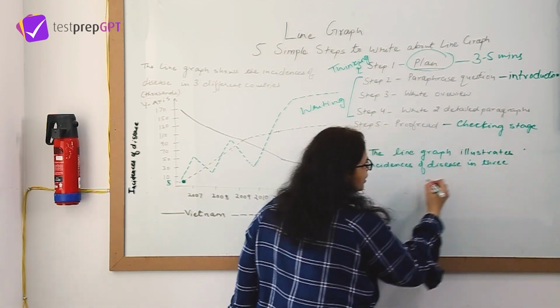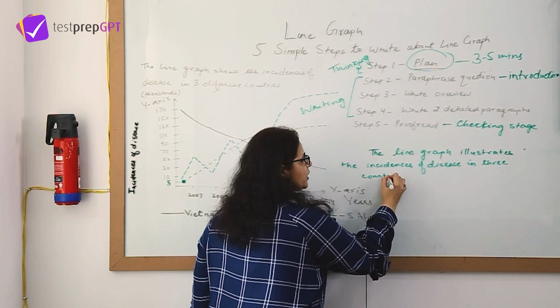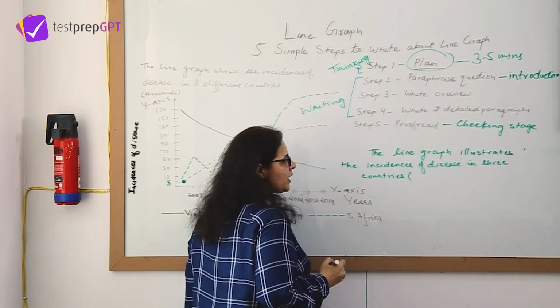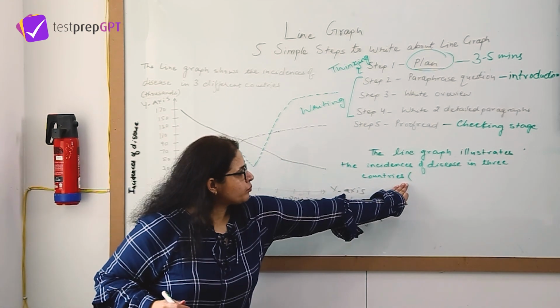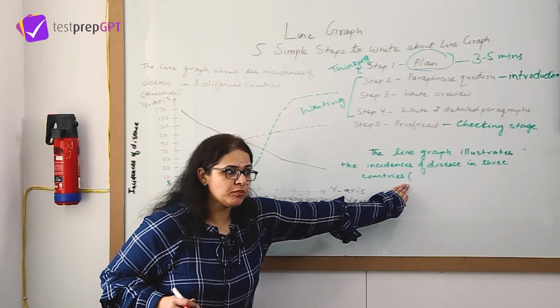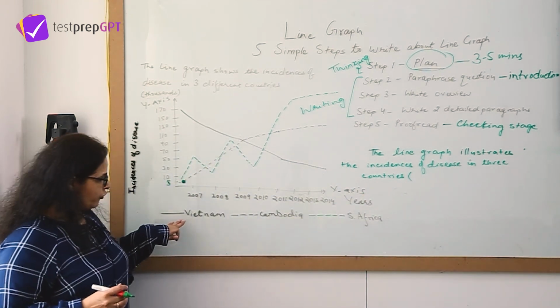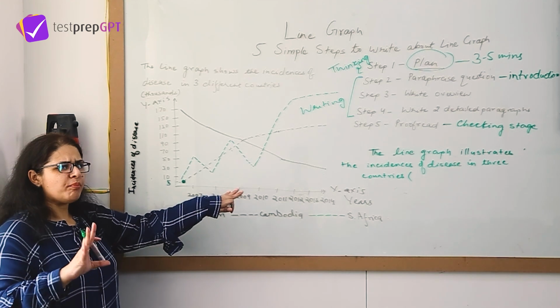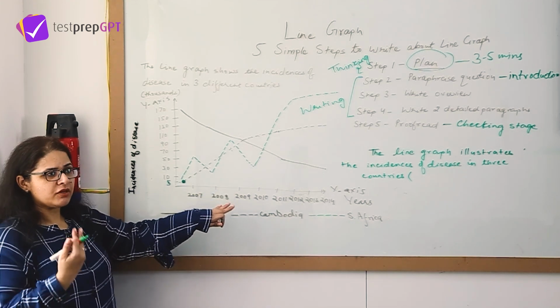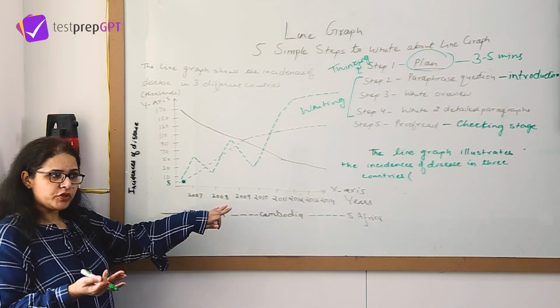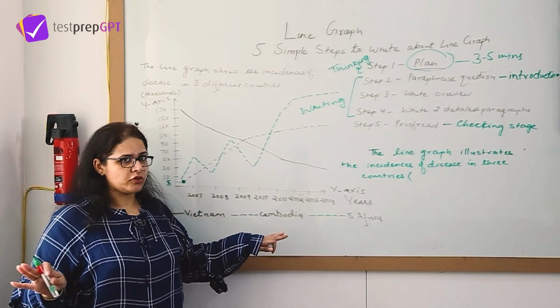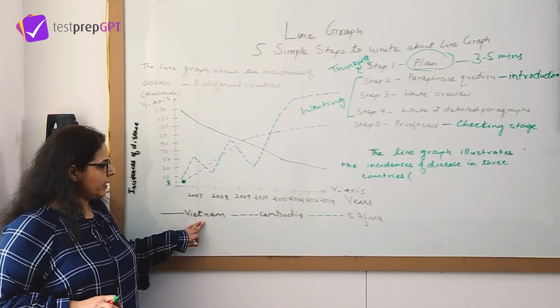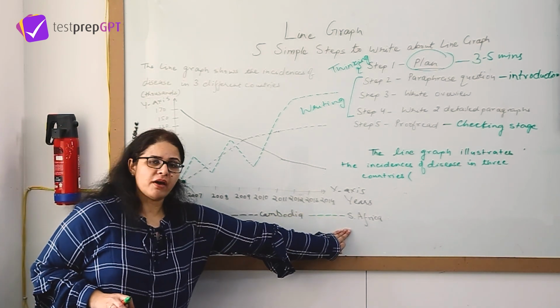in 3 countries. Now, what are the 3 countries? I can use brackets here to name the 3 countries. If the number of items on the graph is about 5 to 6, then we can name them in the introduction. But if there are more, then we might not include them. So we have 3 here: Vietnam, Cambodia, South Africa.